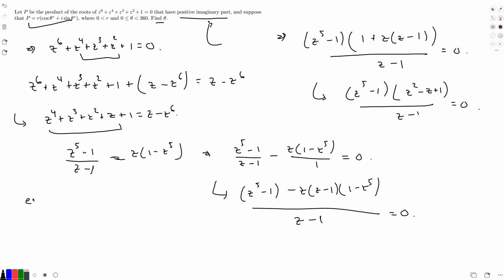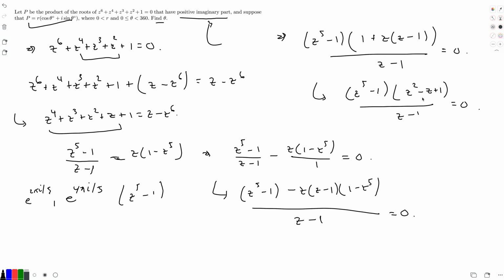Okay, so e to the 2 pi i over 5 works. e to the 4 pi i over 5 will work. e to the 6 pi i over 5 will give us something not good, where it's a negative imaginary part. So that's all the roots of z to the 5th minus 1 with positive imaginary part. And remember, we can't have 1 because that'll make the denominator 0.